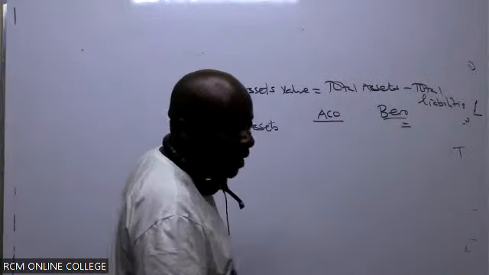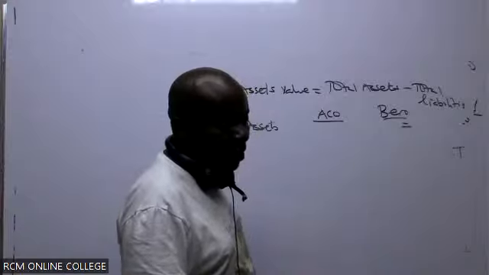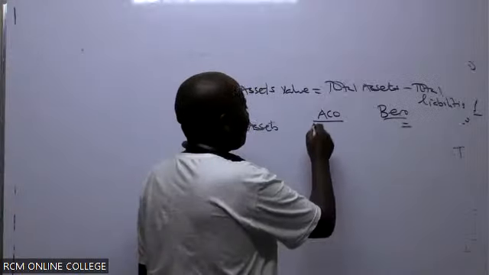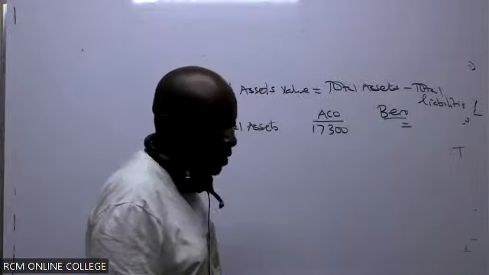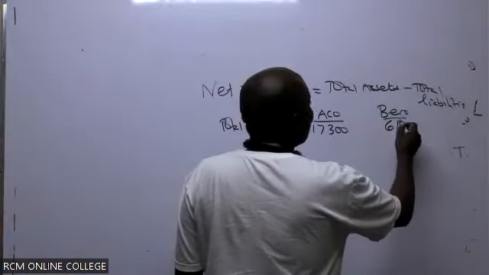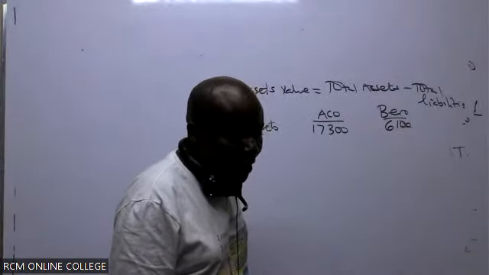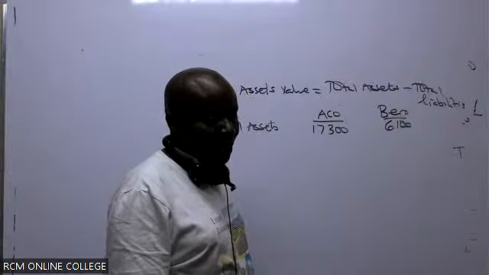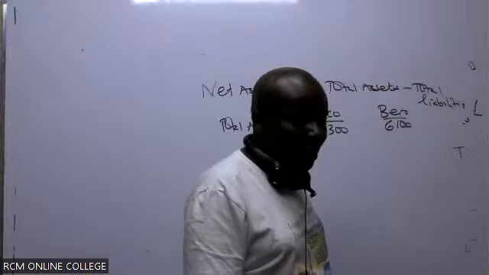You can see ACO down there, where we have non-current and net current, is 17,300, and Bero is 6,100. So we search for any liabilities that they could be having. Do they have any liabilities? Oh, yes, they do.